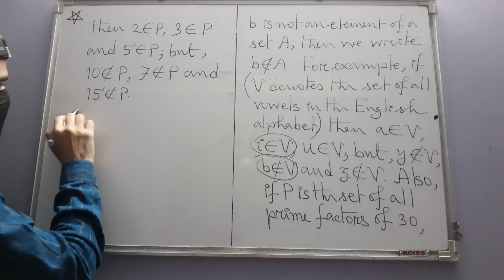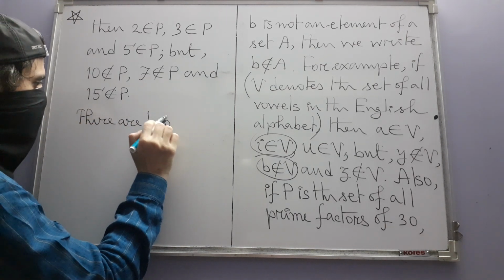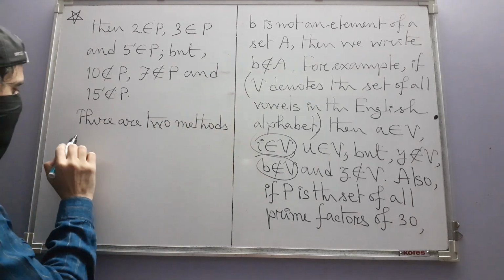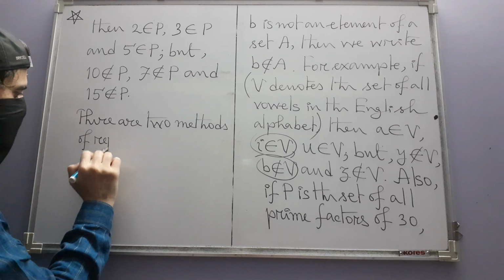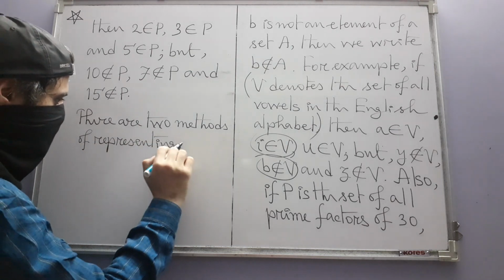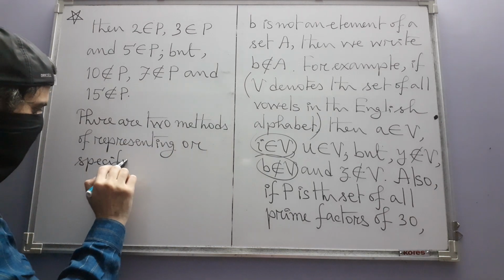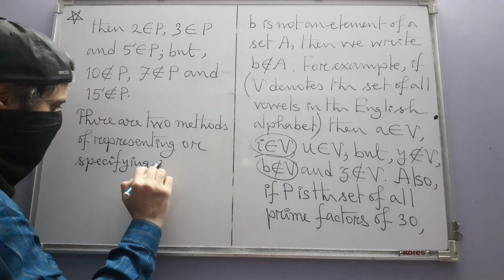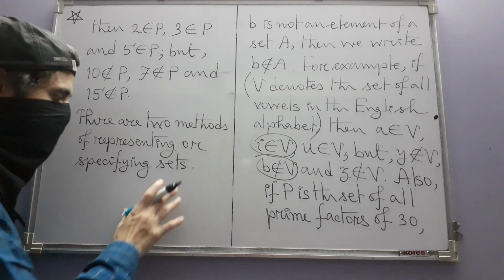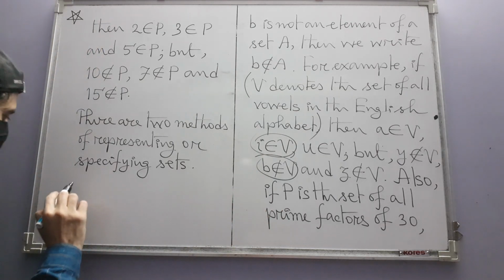There are two methods or ways of representing or specifying sets, which essentially are ways of shortening sentences.